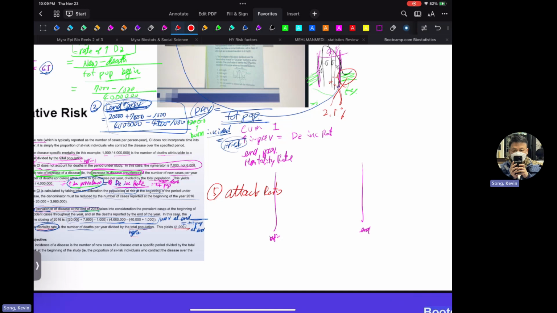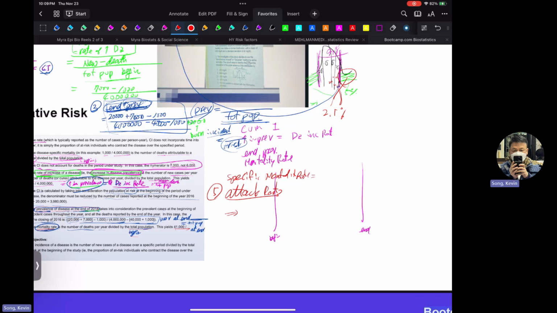Okay, sorry, what am I doing? Specific mortality rate. So specific mortality rate means the number of people who died of that disease out of the number of people who had that disease.